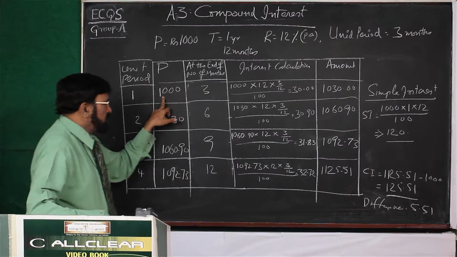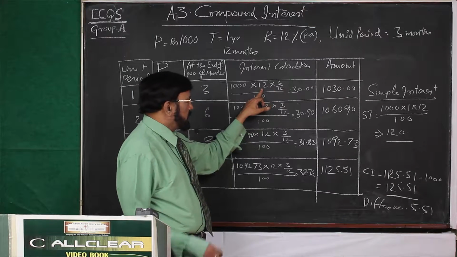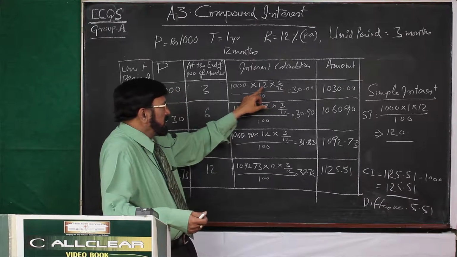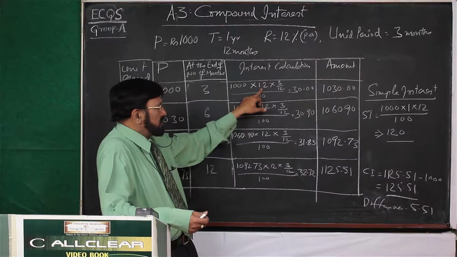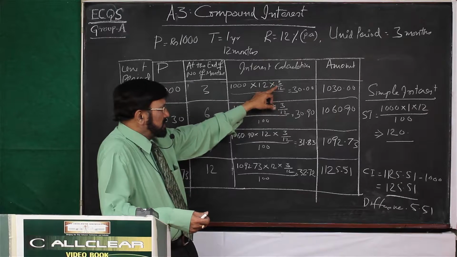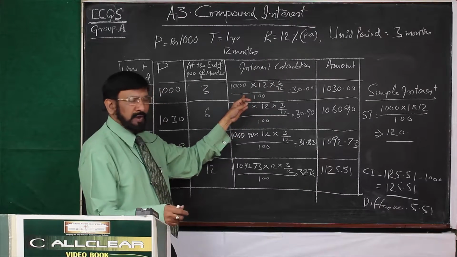Now, principal is 1000, and we are calculating interest for 3 months at 12%, and here as it is 3 months, 3 by 12 by 100. Actually, we have used the simple interest formula only.